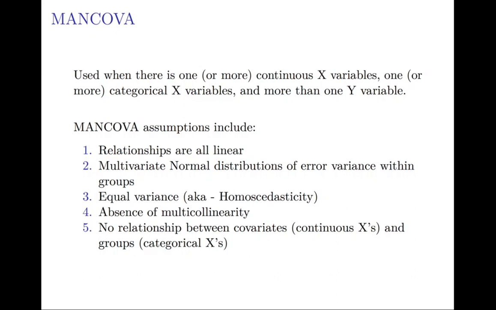So MANCOVA assumptions include that the relationships are linear for all continuous variables, multivariate normal distributions of error variance within groups, that you have equal variance, there's no serious collinearity, and that there's no covariation between your continuous x's and your categorical x's. So it sort of adds that extra piece to look at your two different types of x variables.